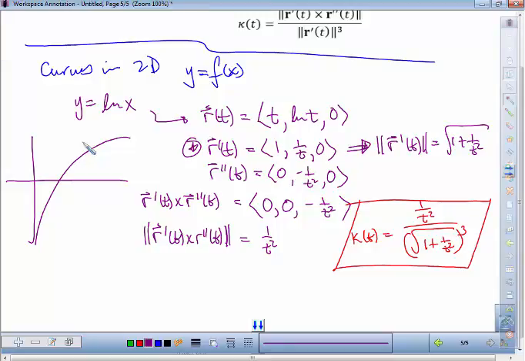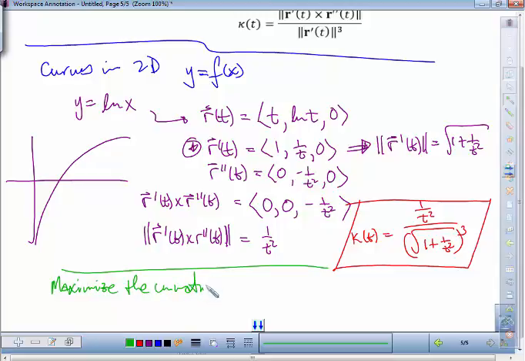So let's see if we can answer that question. Let's try to maximize the curvature. How do you maximize the curvature? How do you maximize anything? You remember that back in Calc 1?